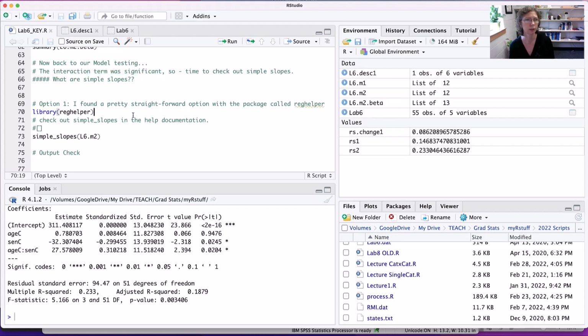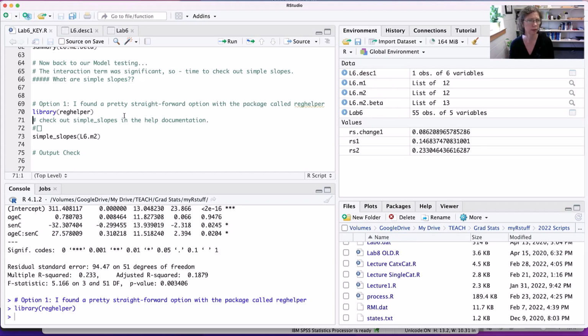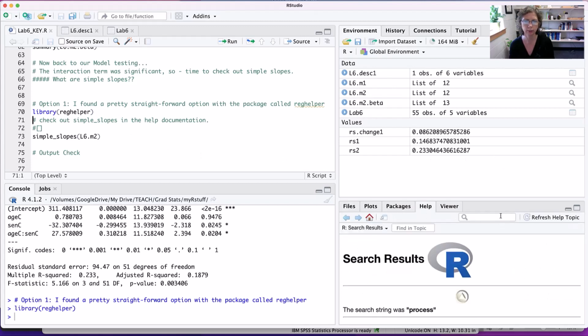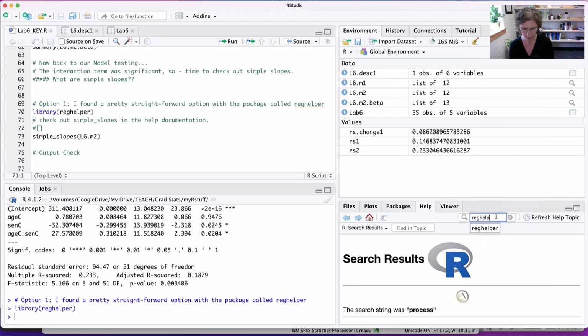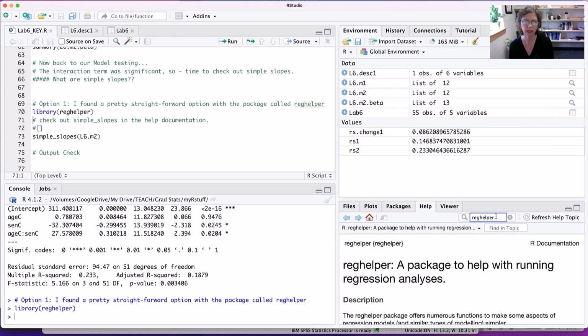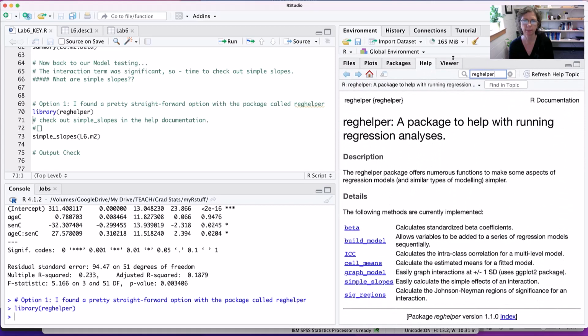So option 1 that I have for us in R is a pretty straightforward option with the package called RegHelper. So we're going to run that. And whenever you have a new package that you want to check out, you can also check it out in the help menu over here and see what it has going on, right?